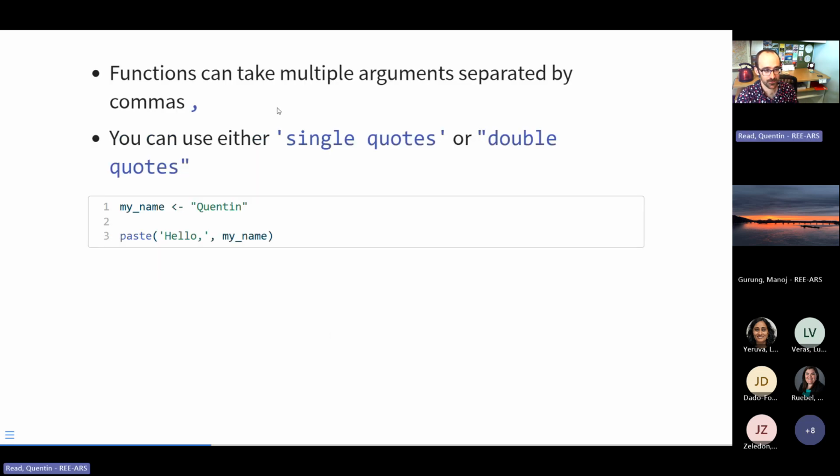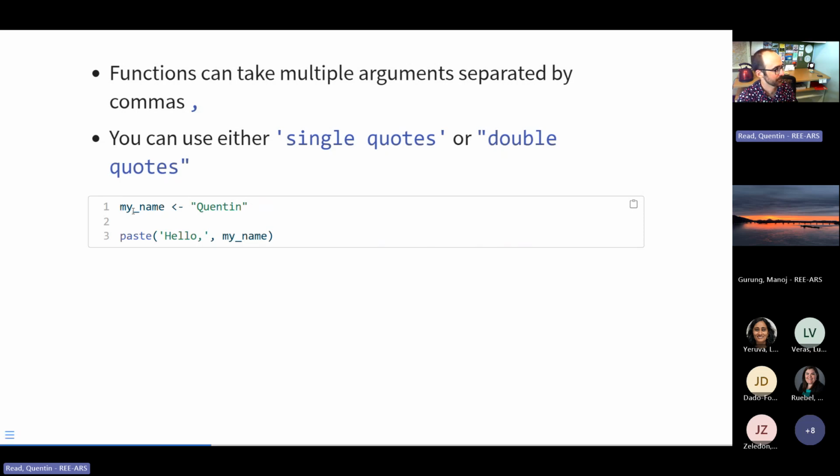I showed you already once, but we'll show it again, that functions can take multiple inputs, and we put commas between them. Here we're going to use the function paste. Paste takes 2 or more character strings, text strings, and pastes them together into one text string. Again, you can use either single quotes or double quotes to define a character variable.